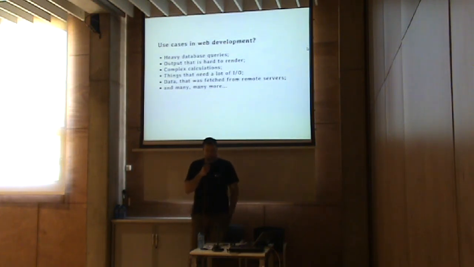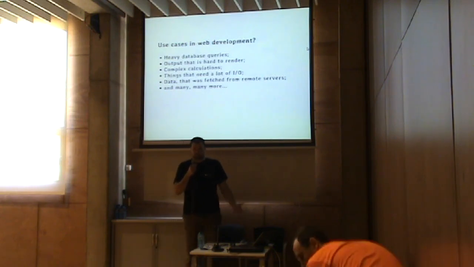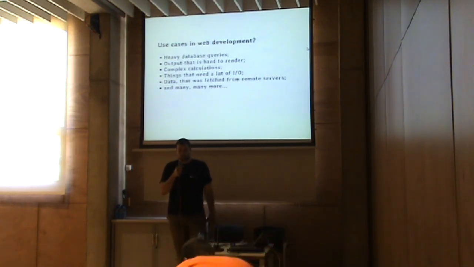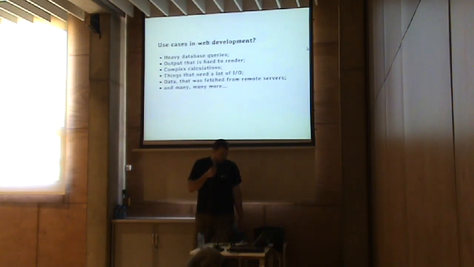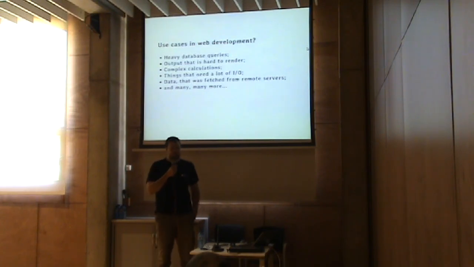You can cache things that you need a lot of I/O to get. You can cache things that you fetch from other services to prevent failures if the network goes down, and many, many more. One cache which is also used almost every time is the PHP opcode cache, known as APC.